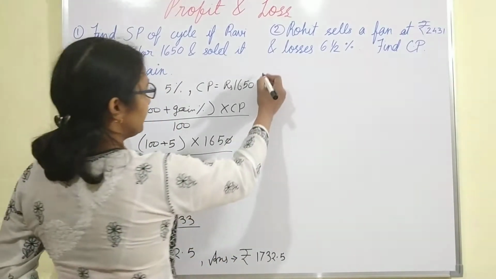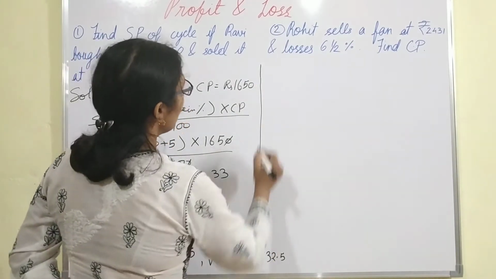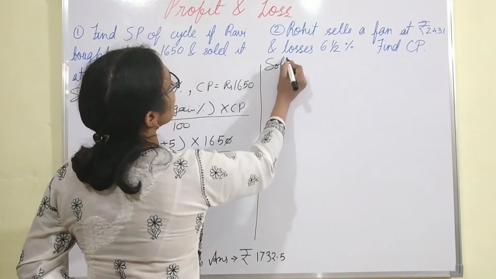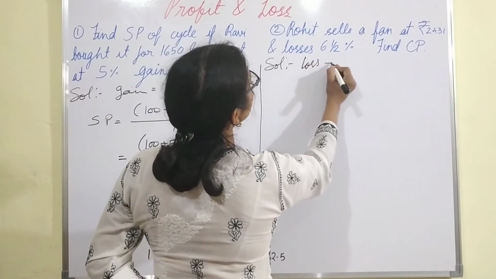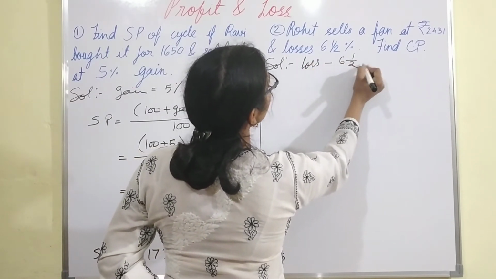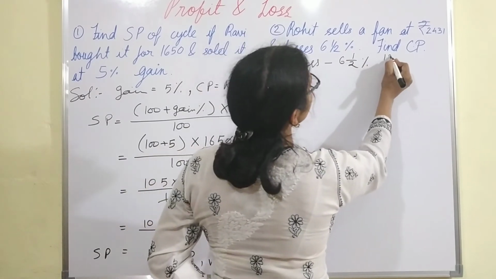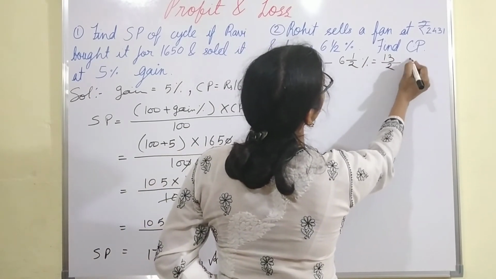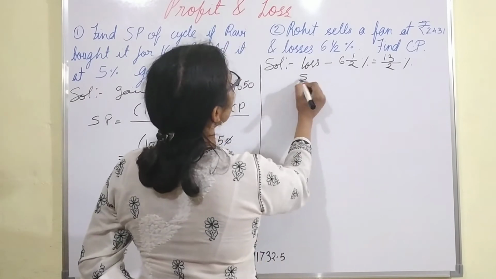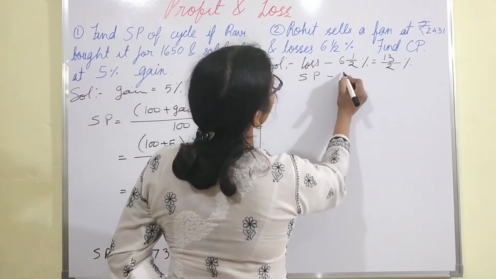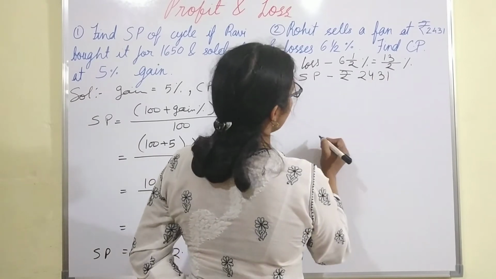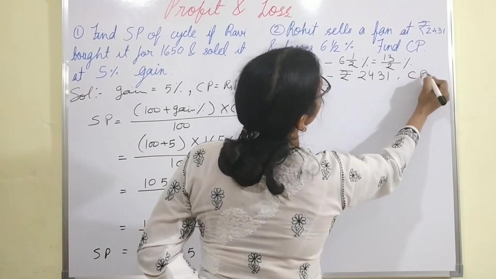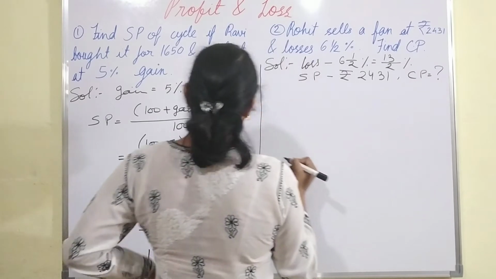Okay. Now the next question is: Rohit sells a pen at rupees 2431 and loses 6.5%. Find CP. So whatever things are given, first you write: loss is 6.5%, that is 13 by 2%. SP is rupees 2431. Now find out CP.